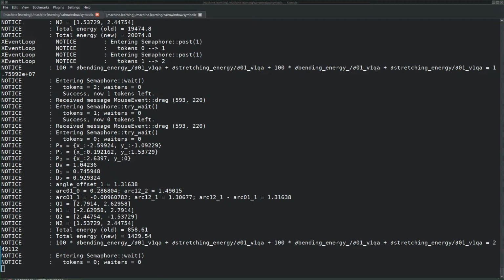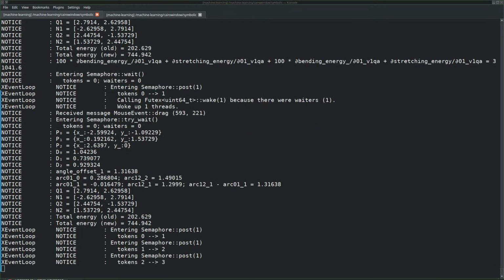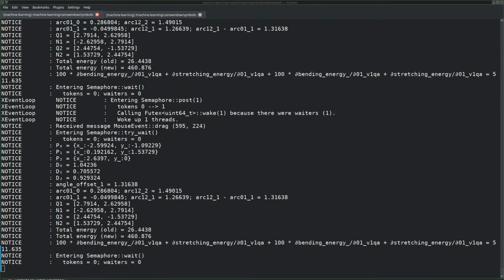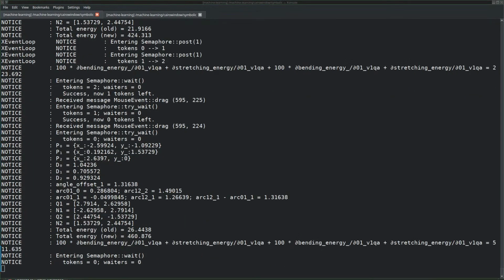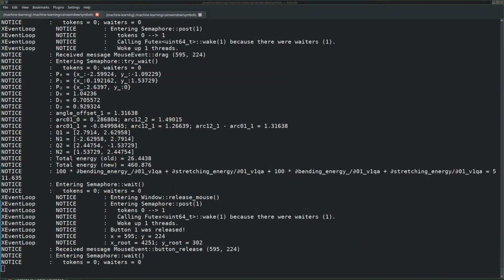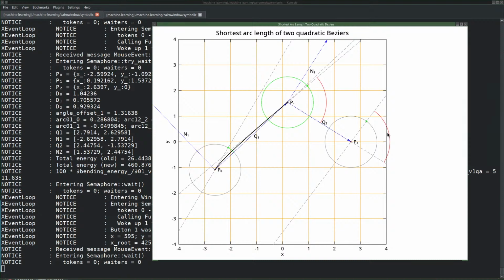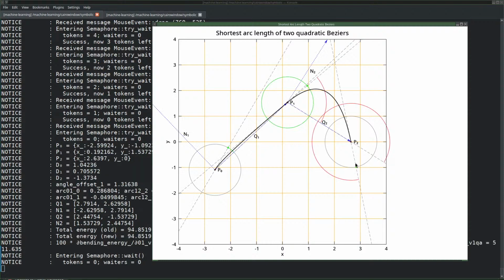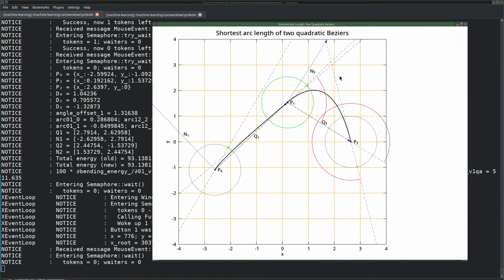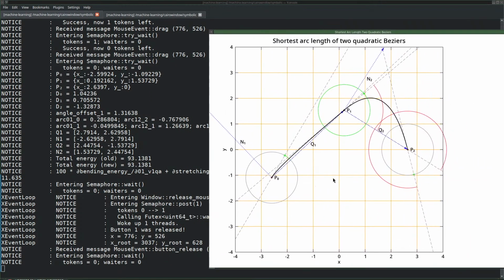Very big still. Thousands. 385, 11, 53. Yeah, not very useful.